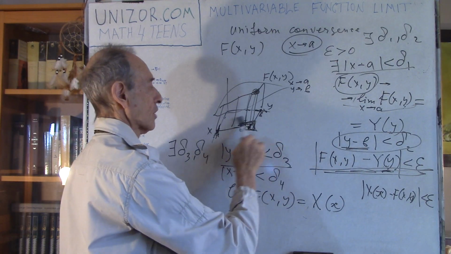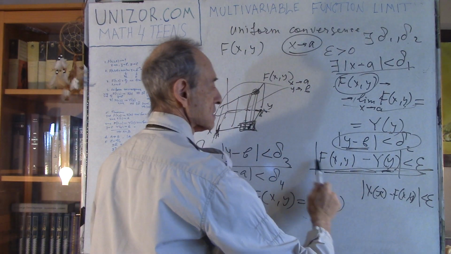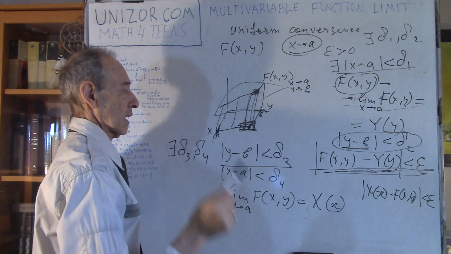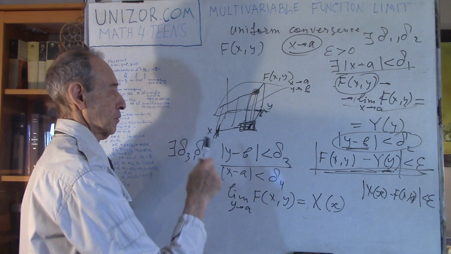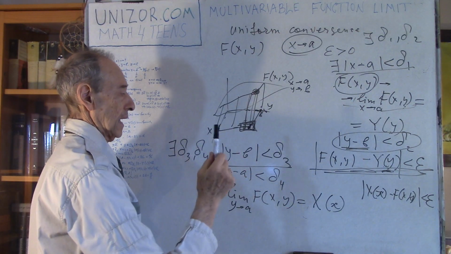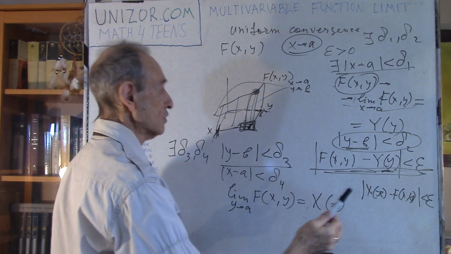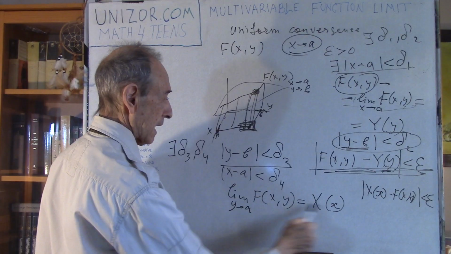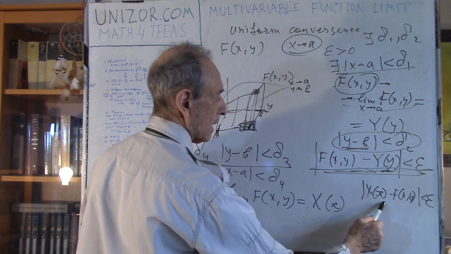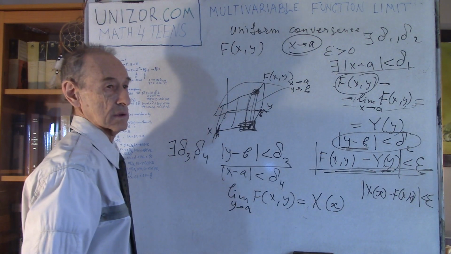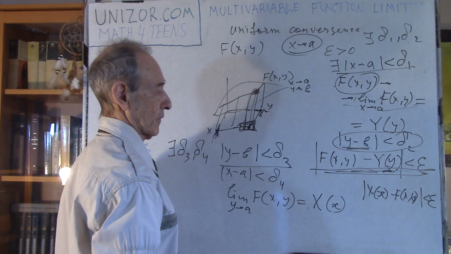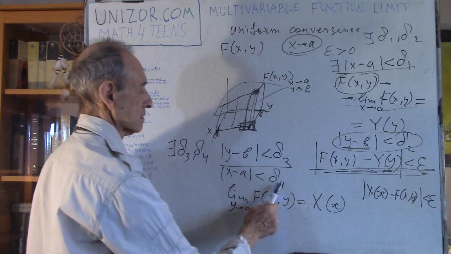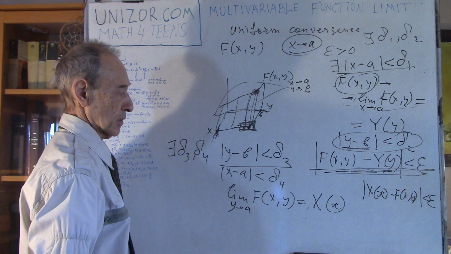So there will be a neighborhood where this is satisfied. Same thing, opposite. If y goes to b, and we are talking about uniformity by x in this particular case, then for any x within a certain neighborhood, that would be the true function.